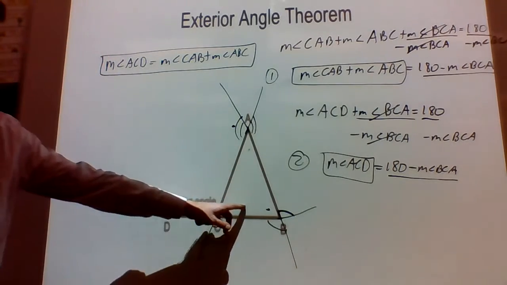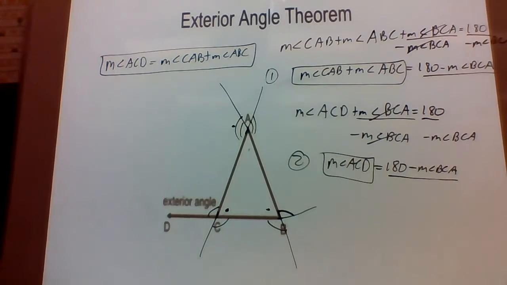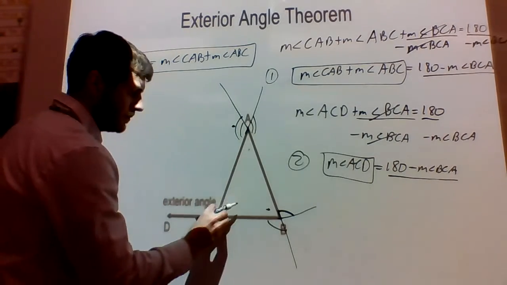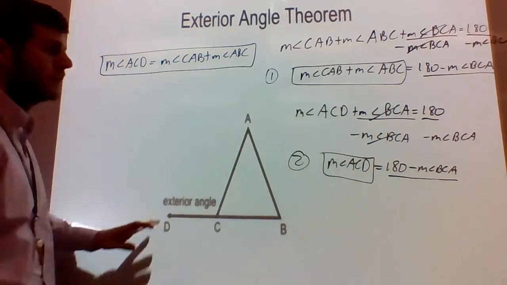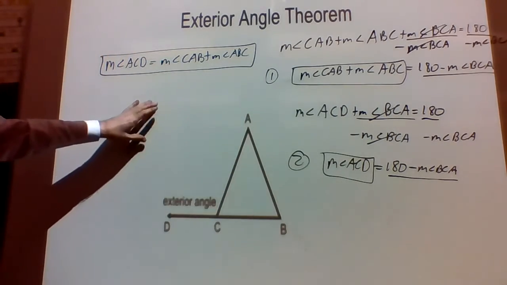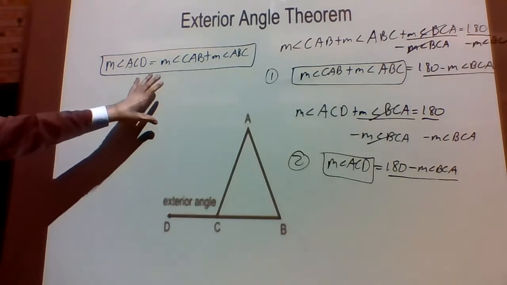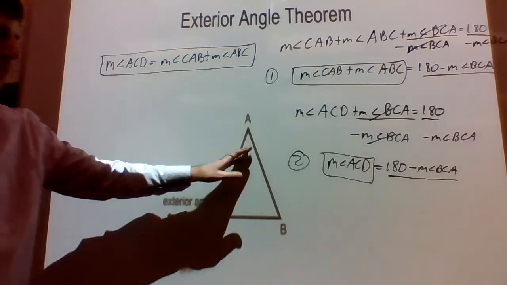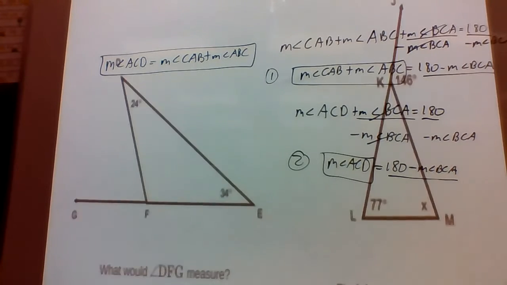So the 2 opposite interior angles added together are going to give us the same measure as our exterior angle. Okay. So that's the theory, and this is the general form for the proof. So in Euclidean geometry, this is always going to be true. The exterior angle is going to equal the 2 opposite interior angles added together.